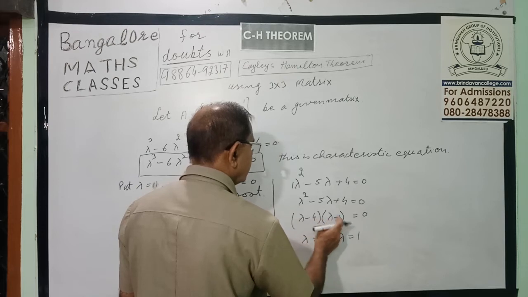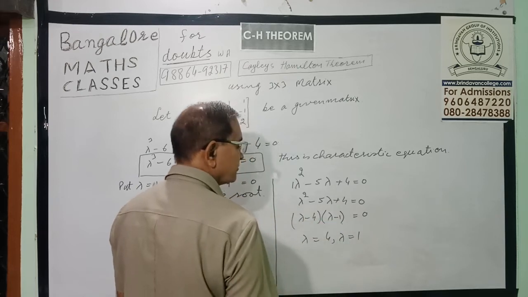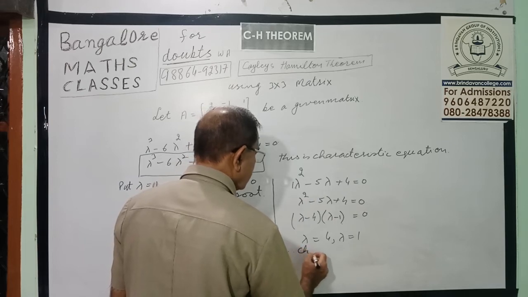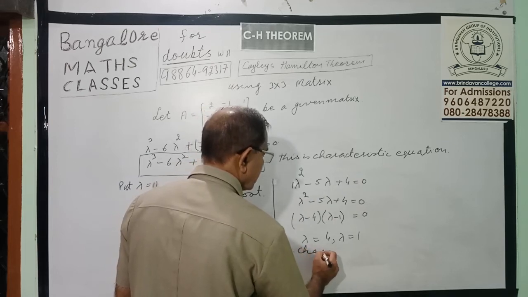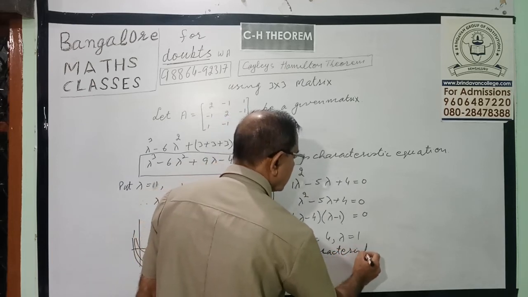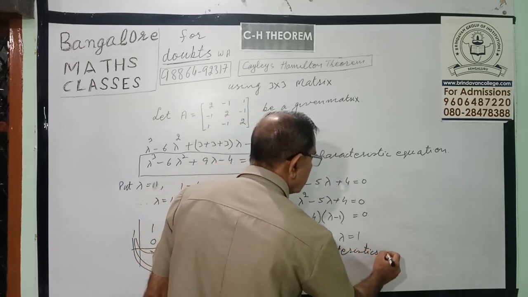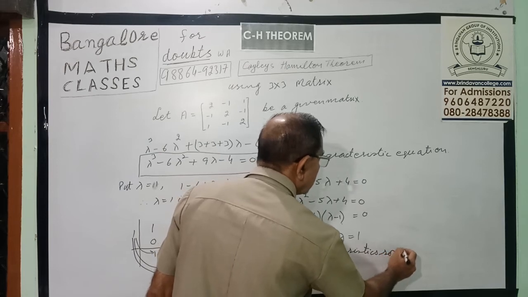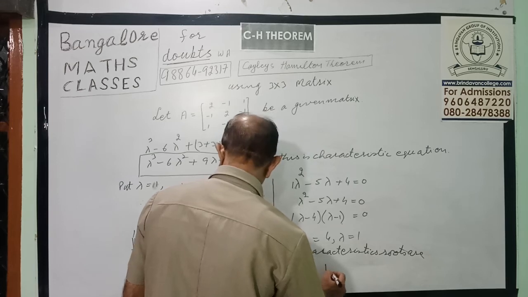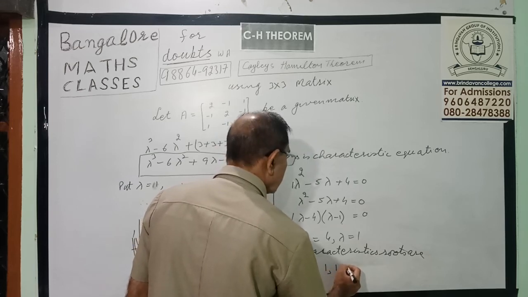So therefore, the characteristic roots are 1, 1 and 4.